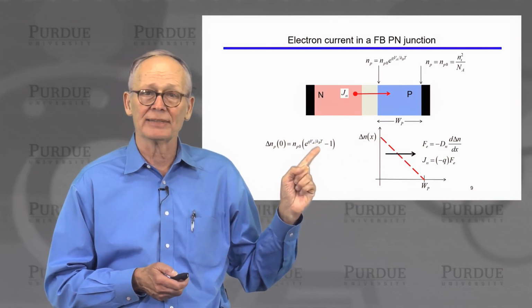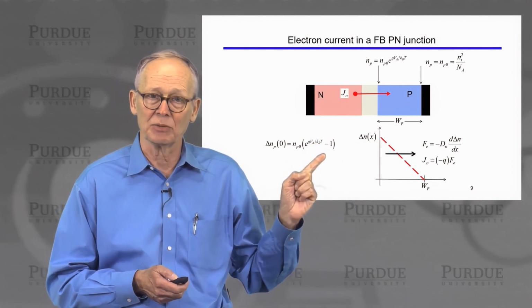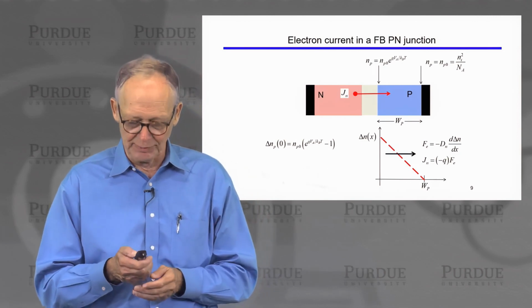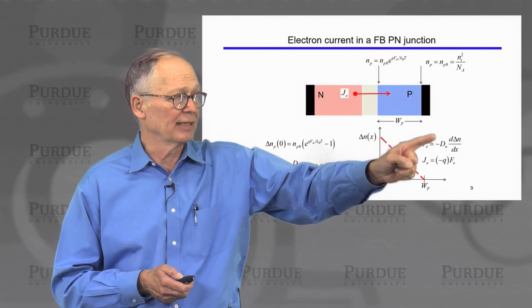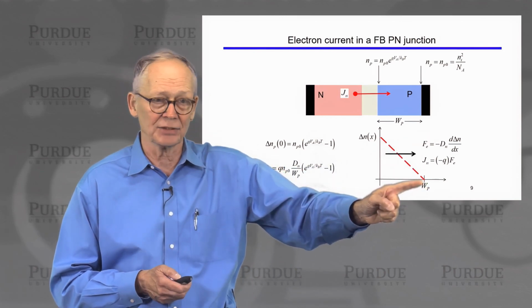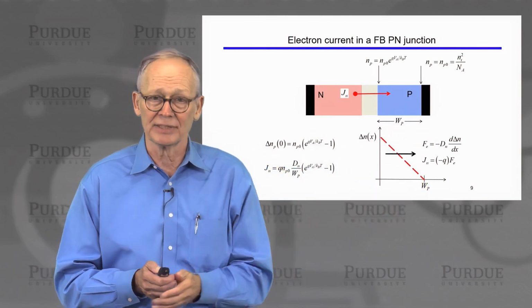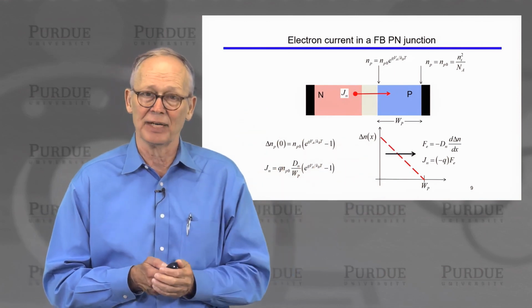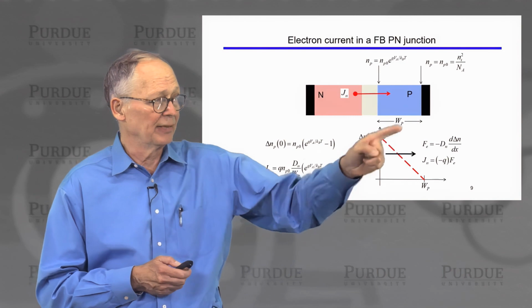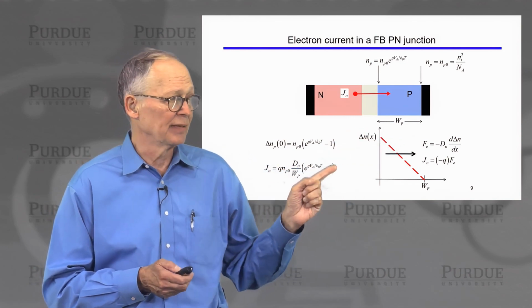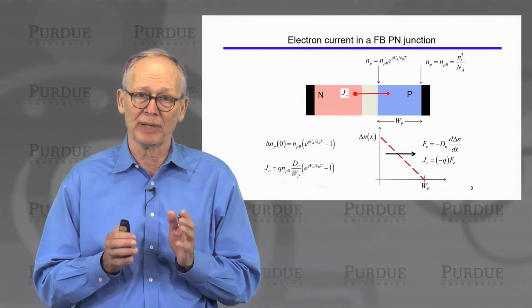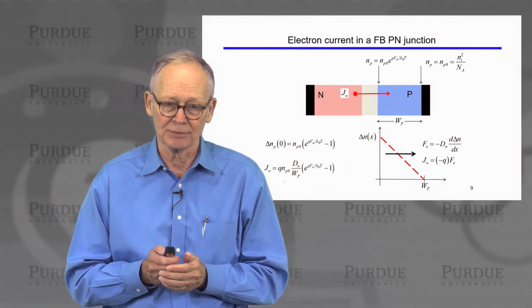It has increased exponentially from its value in equilibrium, so the excess concentration is its new value minus its equilibrium value. The concentration at the contact is 0. The concentration gradient, we just divide the maximum by the minimum and then divide by the width. So we can plug everything into these expressions. We get a very simple expression for the electron current due to forward biased injection in this PN diode.